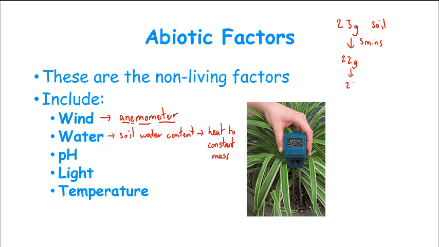I heat it up, it goes down to 21 grams. I heat it again and it stays at 21 grams. This tells me that there was 23 grams at the start. It's now 21 grams, so altogether there was 2 grams of water in that soil. So heating to constant mass involves weighing, heating and re-weighing until the mass does not change.